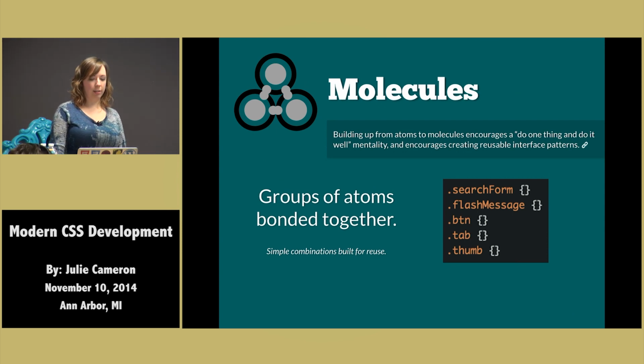Things that would fit in this molecule type are things like search forms, where you've got a label, an input, and a button. It's just 3 elements, but you're tying them together to form this tiny little search thing. Also a flash message that maybe has a header and a body, a button, a tab, a thumbnail. Very small things.